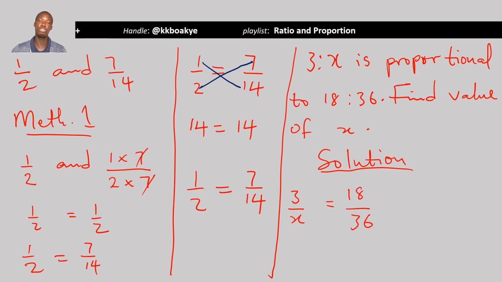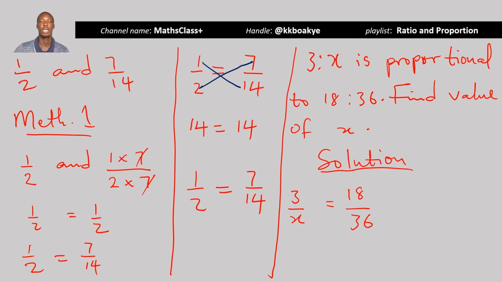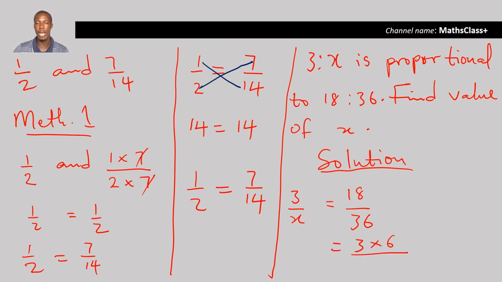You are not going to check because the question says it is proportional, so it's already given. Now the first method is to convert 18 over 36 to look like 3 over something, and so that can be written as 3 times 6 divided by 6 times 6.